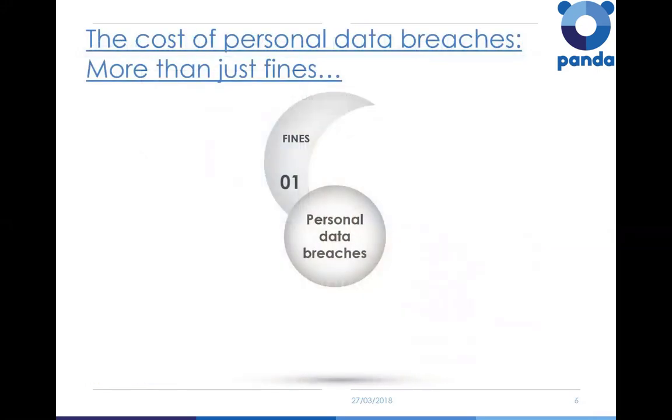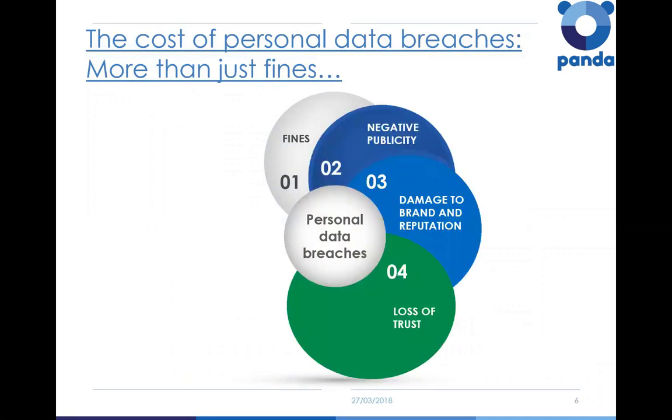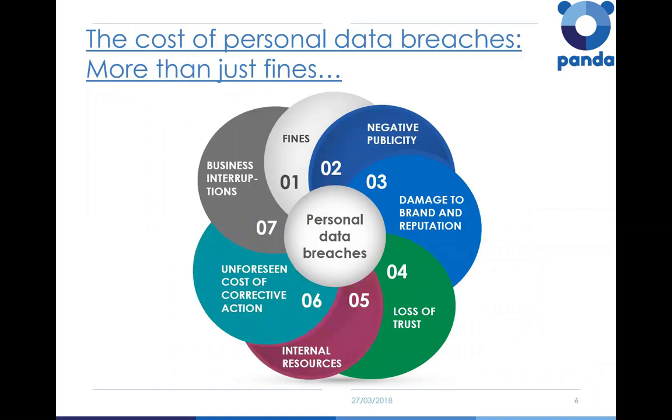Those consequences outside of fines can additionally include negative publicity, damage to the company's reputation, loss of trust from the business and clients, the cost of internal resources, and the necessary corrective actions to remediate that problem. Any one of these points can damage a business's ability to operate.